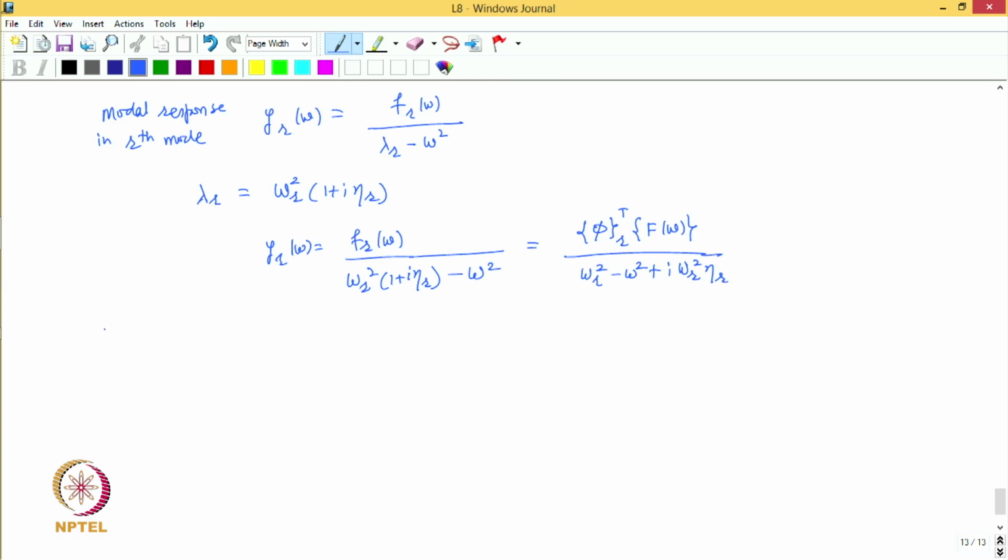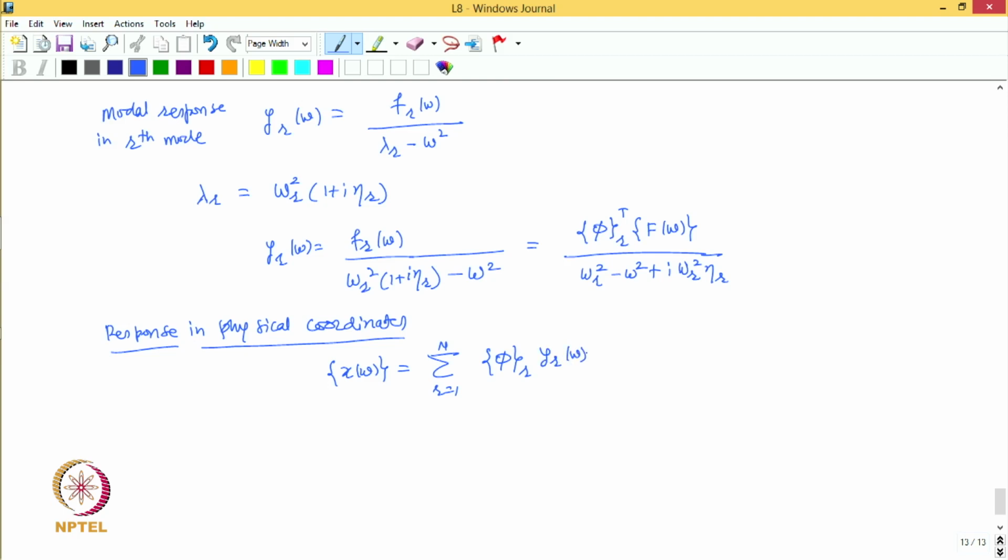And therefore now we can find the response in physical coordinates. This is the modal response we have got, y r omega. Now we can obtain the physical response x omega is equal to sum of r varying from 1 to n, the rth eigenvector multiplied by rth modal response, right.